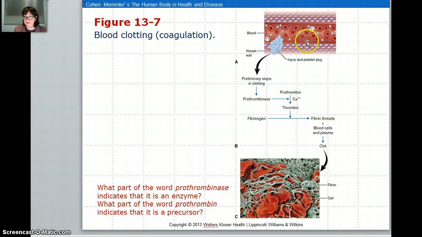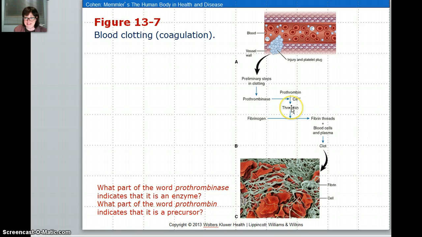So if you look at it, there is an injury. A result of the injury will cause the damage to the cells, and that will result in prothrombin being released. The prothrombinase, along with calcium, very important, along with calcium will act converting prothrombin into thrombin.